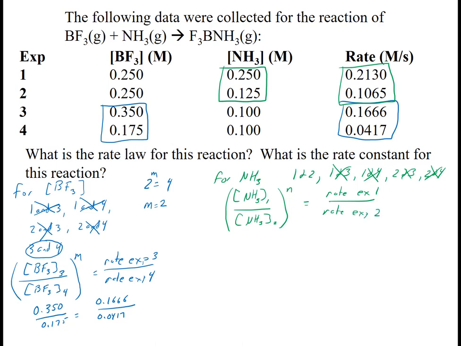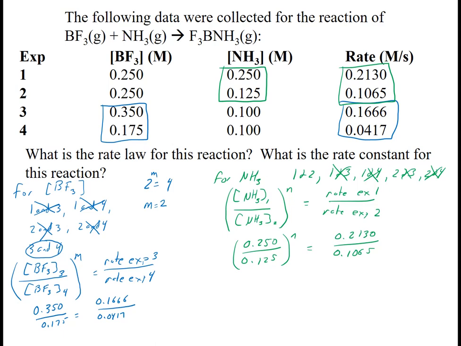I plug in my numbers. I have 0.250 divided by 0.125 to the N equals 0.2130 divided by 0.1065. If you want to know where I'm getting these numbers, they all come from the table up here. So just locate them.